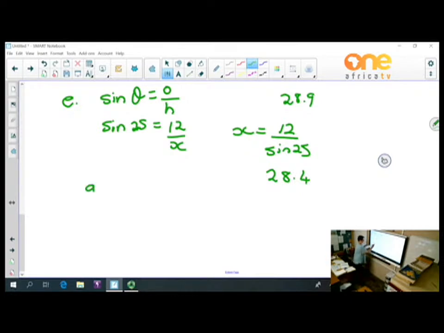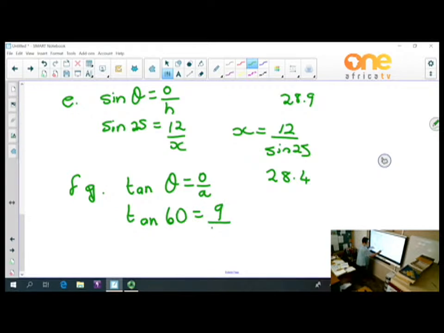Number F, sorry. Which function? It will again be tan. Tan theta is opposite over adjacent. So tan 60 degrees is equal to 9 over y.